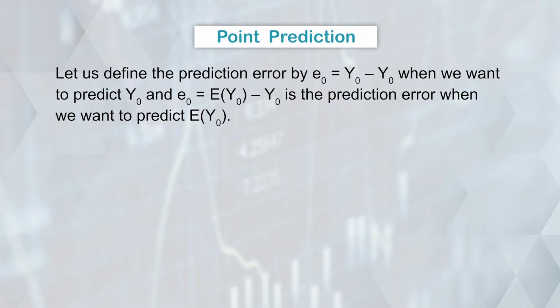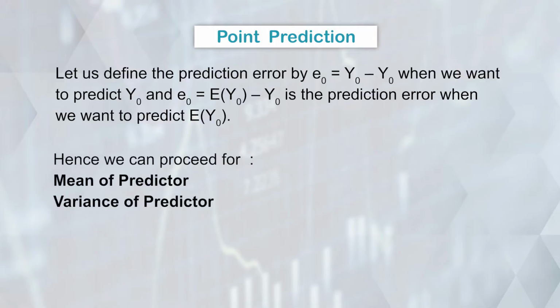So we insert expectation of y0 minus y0 as the actual variable. So here we observe in this particular slide that this e0, which is the error term, is expectation of capital Y0, because Y0 is defined as the random variable, minus this y0 hat, which is basically the predicted value of the Y0, and thereby we want to predict EY0.